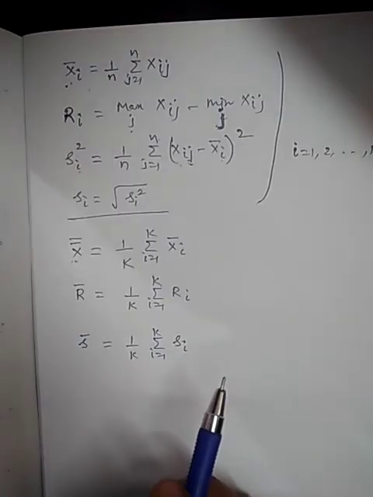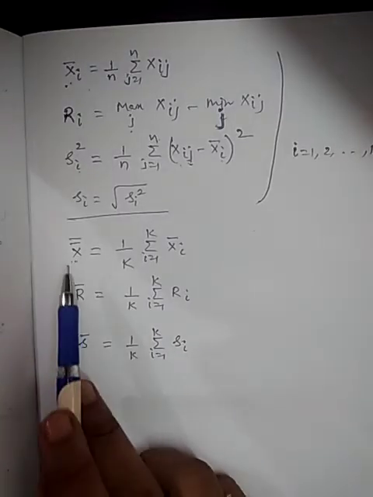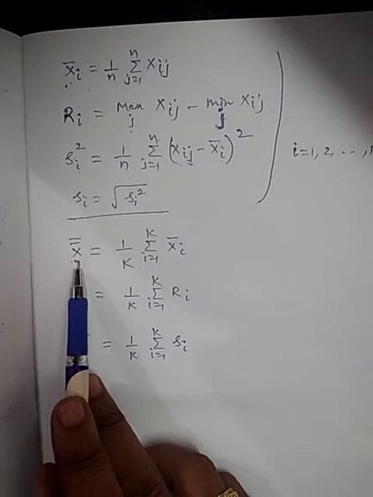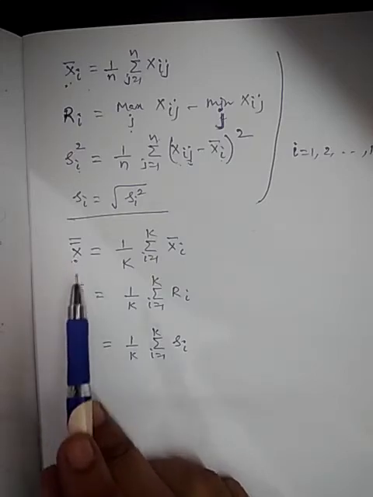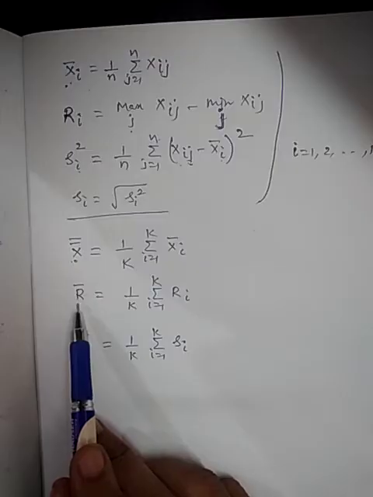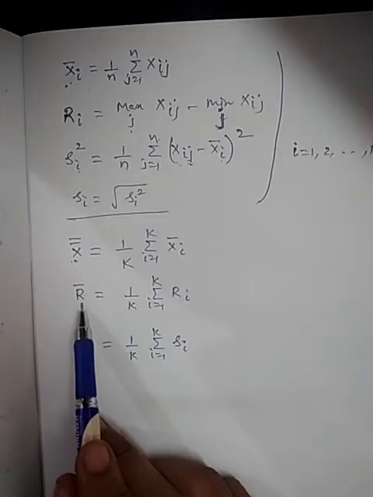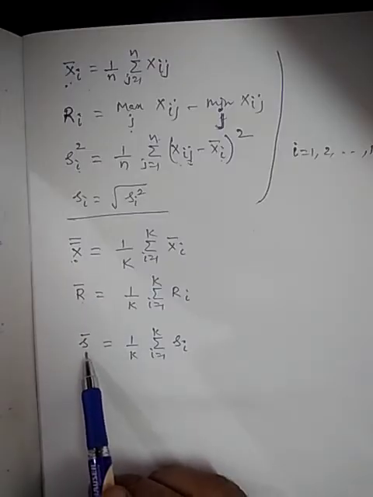These are the formulas of x double bar, the average of all averages; R bar, the average of all sample ranges; and S bar, the average of all sample standard deviations.